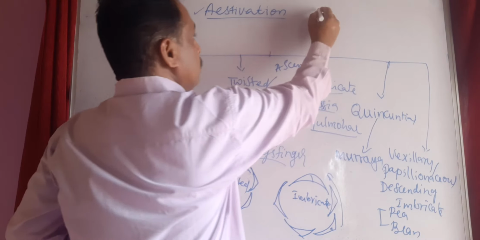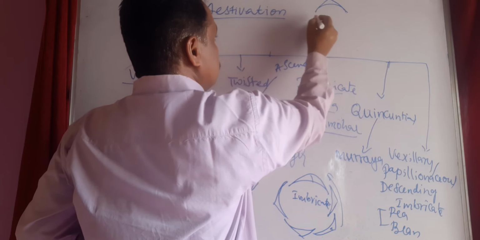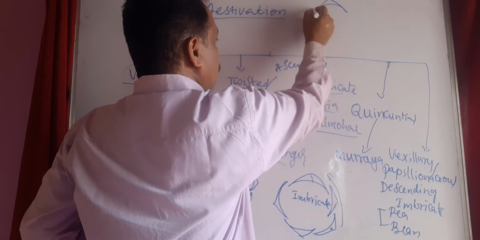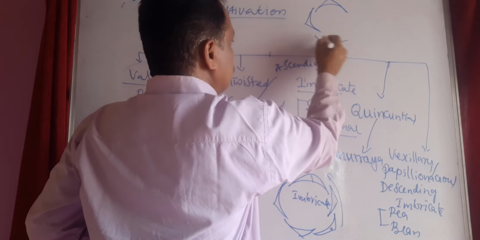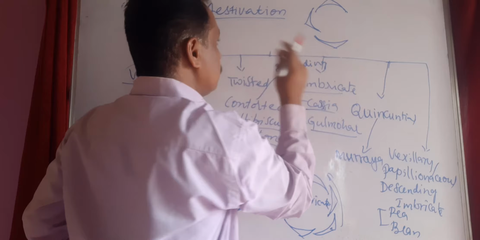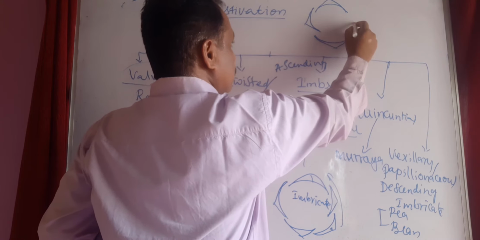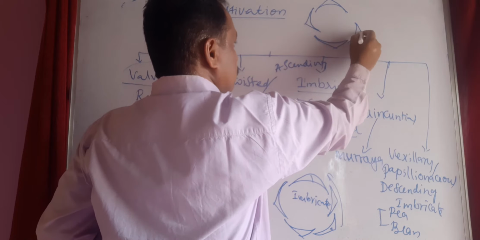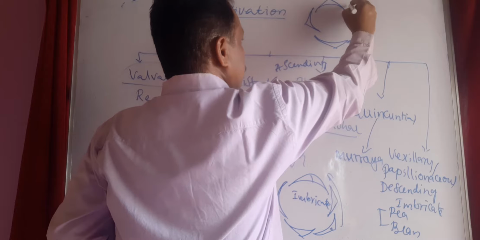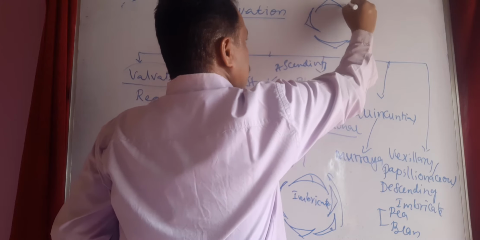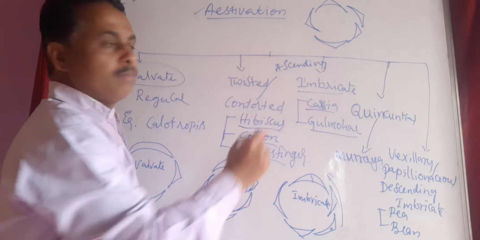See, 2 members are inside. One member is twisted. There are 5. Look here.